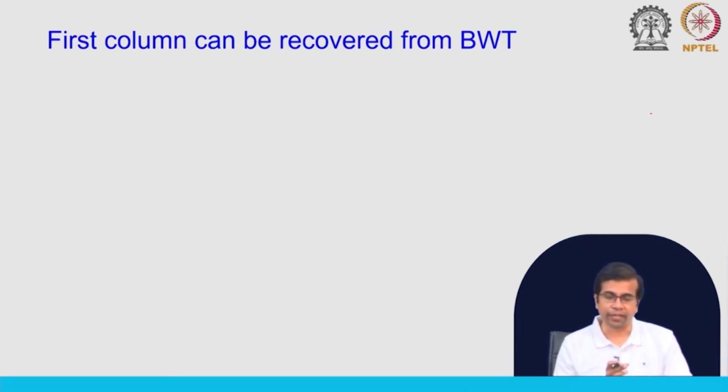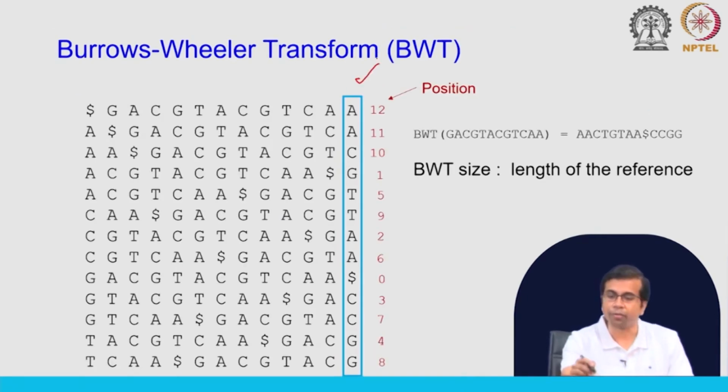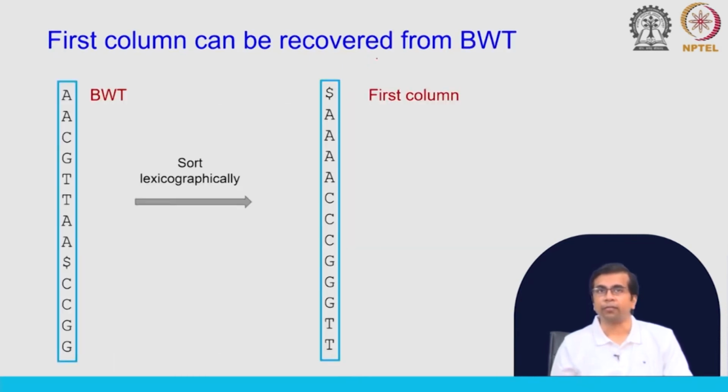If you just store this column in the memory or in a file, because once you have generated this BWT for a reference sequence or reference genome, you can store it, and every time you have to do mapping, you can simply load that information into memory. And it turns out if you store this BWT, you can generate the first column, because the first column is lexicographically sorted.